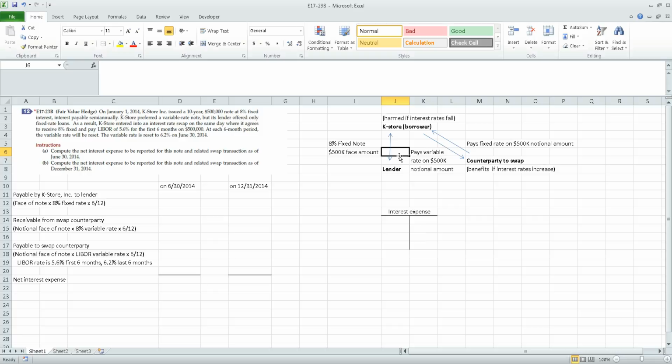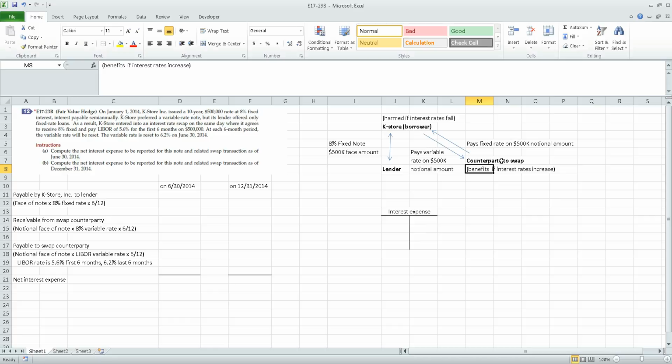So what K-Store does, again, K-Store is going to be harmed if interest rates fall. They go out and locate a counterparty, somebody else who will benefit if interest rates increase.